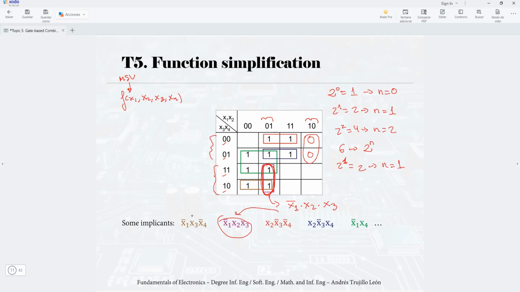So the sum term is this one. x1 is 1, so it's going to be negated because it's just the opposite of the previous case. x2 is 0, so it's going to be non-negated. x3 is 0, so it's non-negated again. So this is the sum term linked to this allowed group of zeros. This is just practice.